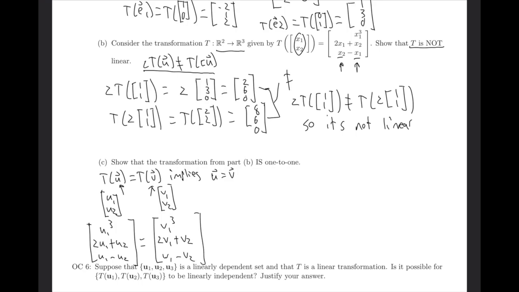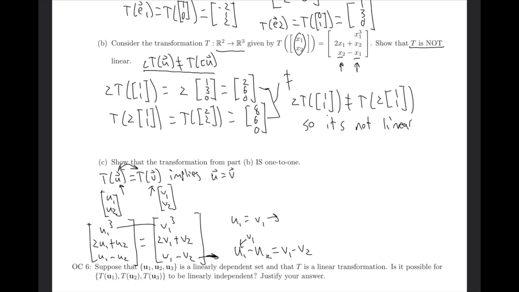And what we can do is equate these two things, because we said these transformations were equivalent. So we have that u1 equals v1, because u1 cubed equals v1 cubed, cube rooting both sides. And we can plug that expression into, let's go with this one, u1 minus u2 equals v1 minus v2. So instead of u1, let's say v1 here.